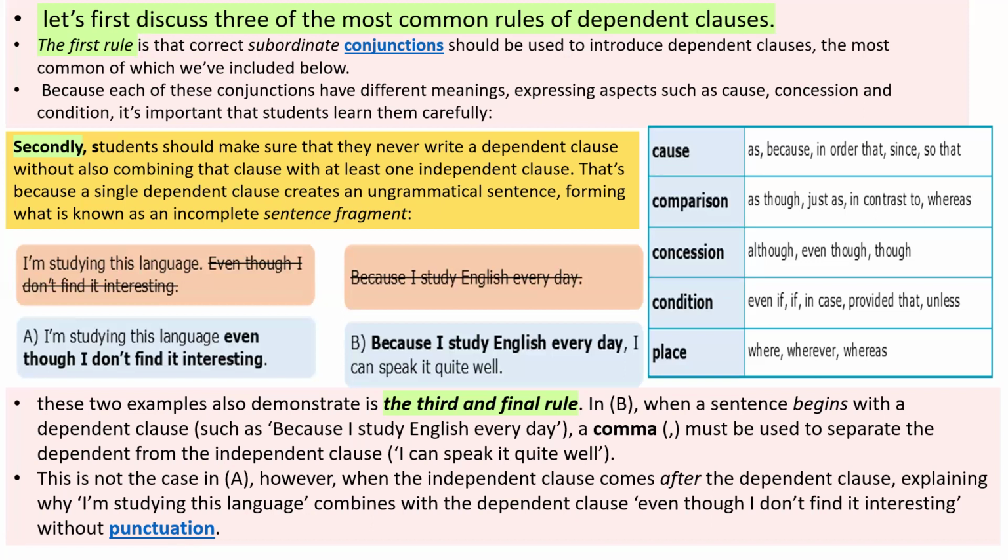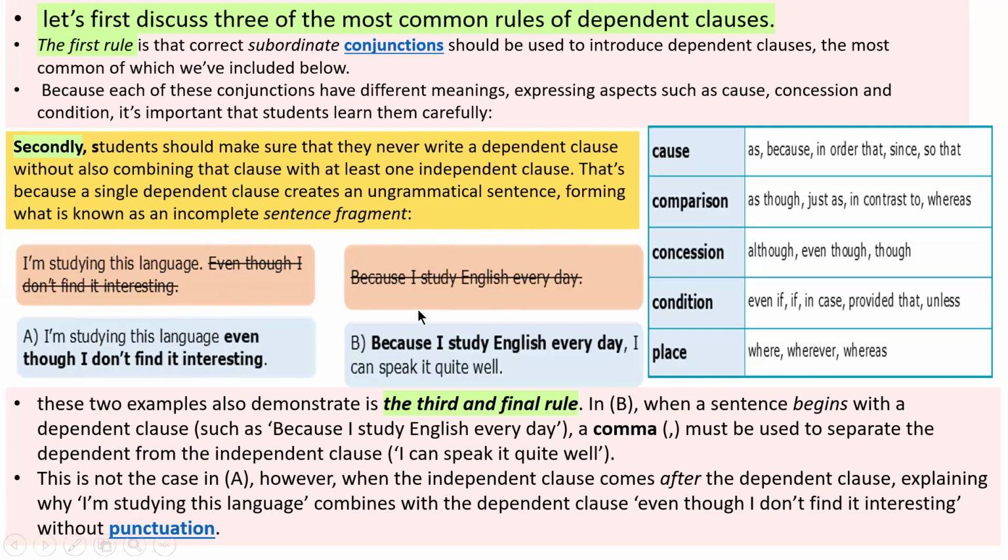There is no use of a comma or full stop in the middle. If you are making a single sentence, we have to make it a single sentence: I am studying this language even though I don't find it interesting. There is no need to put a full stop here.